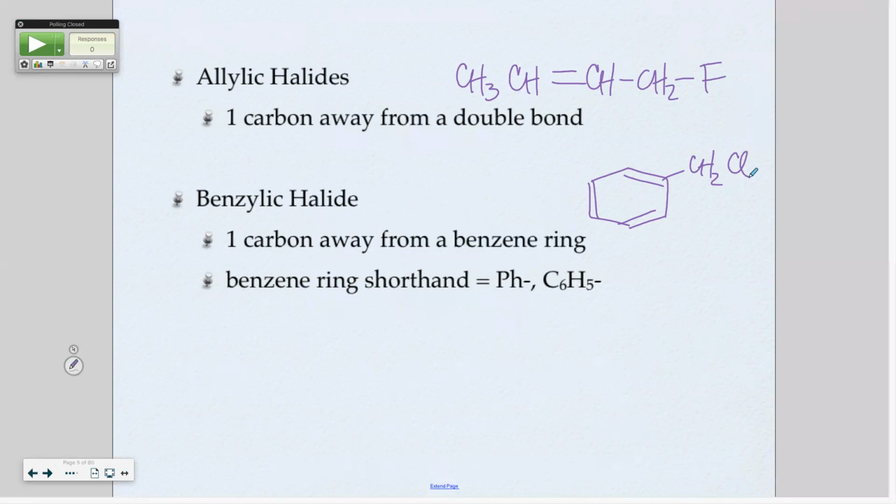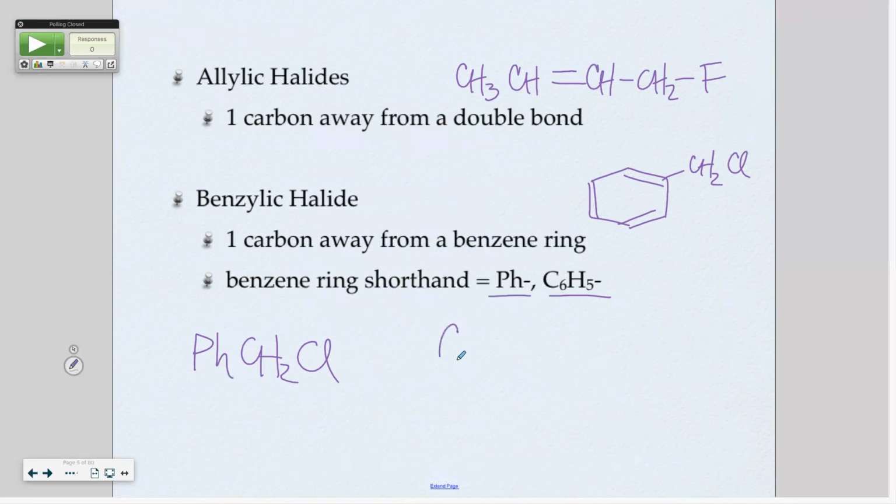Another way that you'll see benzene written is with a Ph or a C6H5. The Ph actually stands for phenyl, which is another term for a benzene ring. It's a phenyl ring. So I will redraw the one that I have over there using the shorthand. So that Ph means that benzene ring.